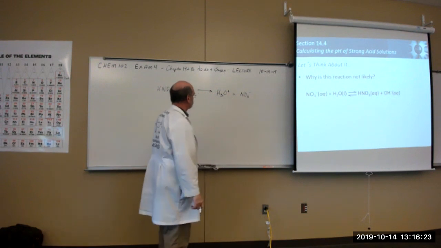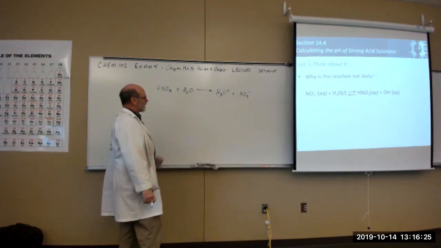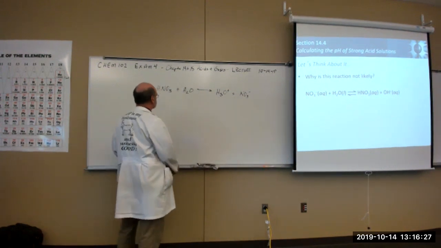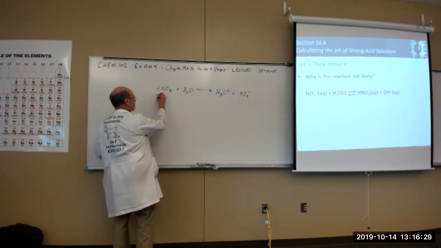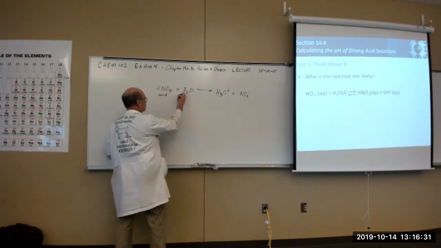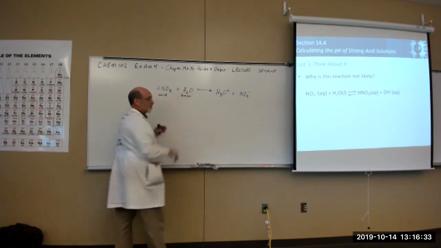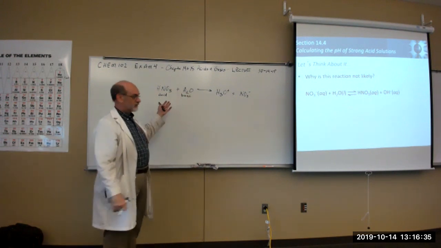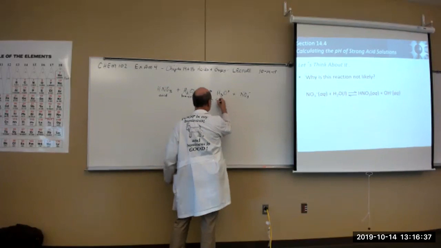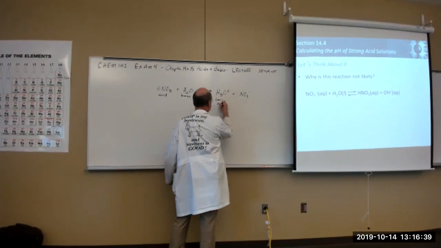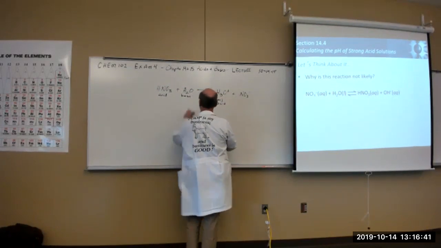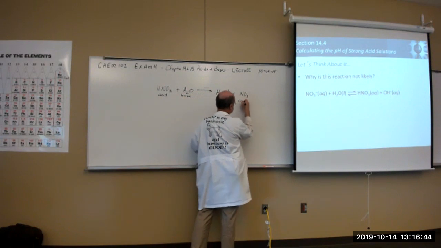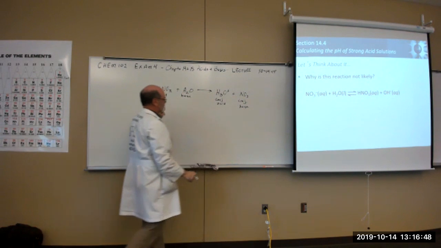So what's characteristic of this one? Which one's the acid, which one's the base? There's the acid. Water is acting like a base. It's a proton acceptor. So here's the conjugate acid of that base, and here's the conjugate base of that acid.